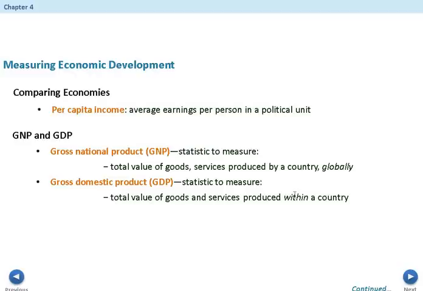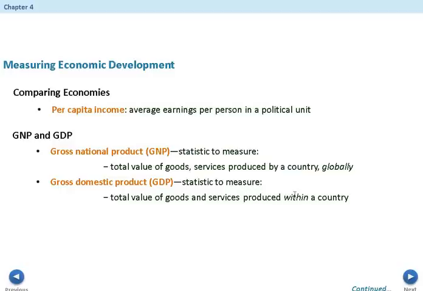Now, if we want to ask how much Americans are making worldwide, we look at gross national product. But gross domestic product is only inside our country. So, for example, if we want to see how many businesses inside the United States are making money and how well they are doing, we look at gross domestic product, because it looks at what the people of America are making.